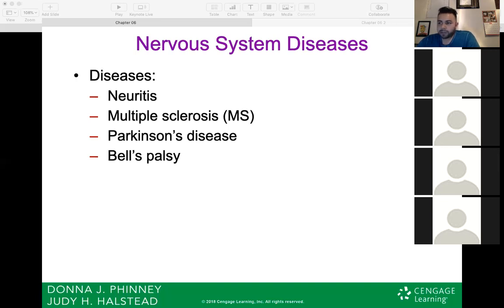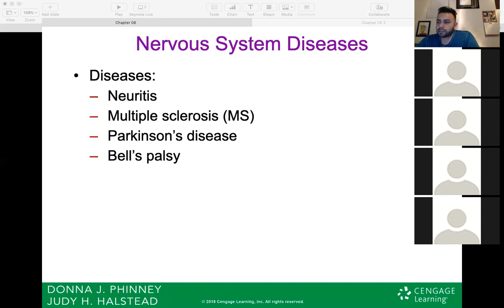So with multiple sclerosis, that myelin sheath degenerates and can cause a lot of degenerative muscular disorders. In that case, also, impulses have a hard time getting through.